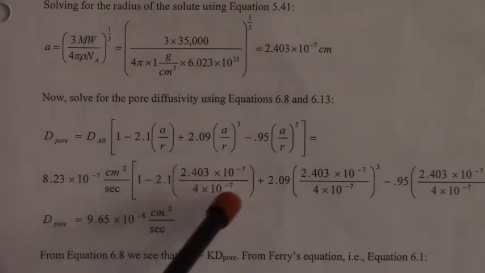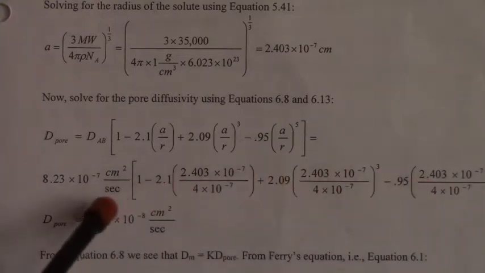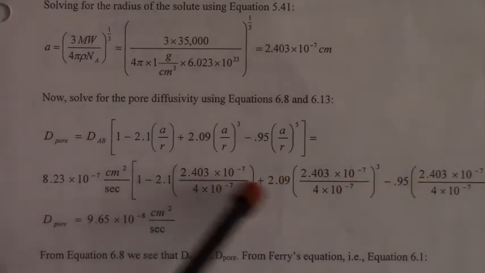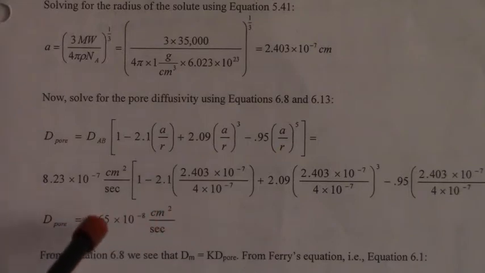This is the radius of the pores, and you have to carefully evaluate this particular value of the omega r from the Renkin equation, and that gives us a D pore of 9.65 times 10 to the minus 8 square centimeters per second.